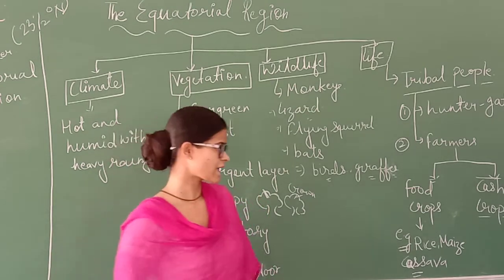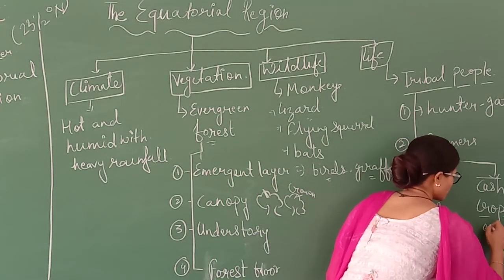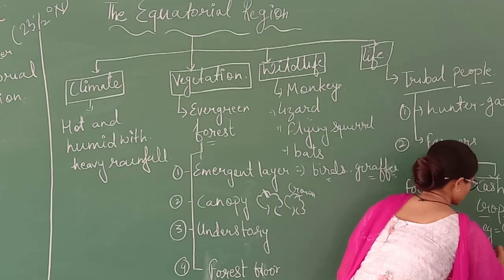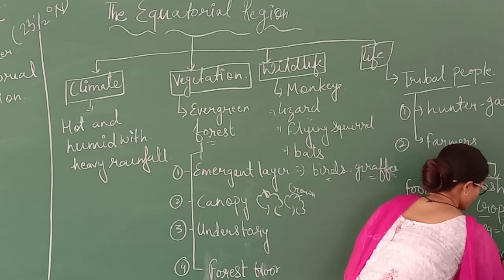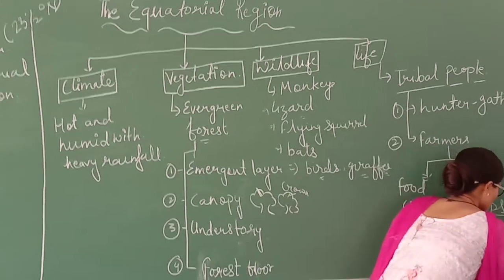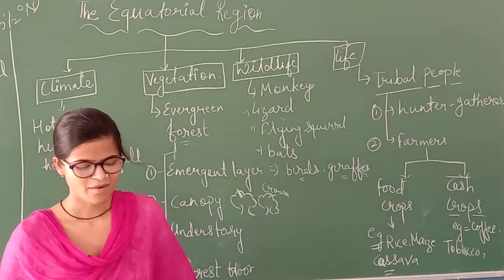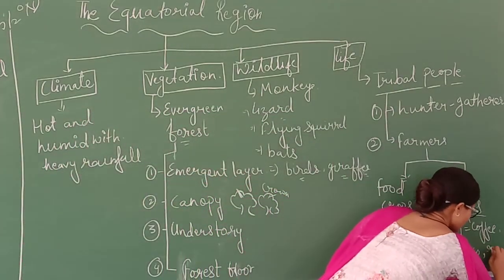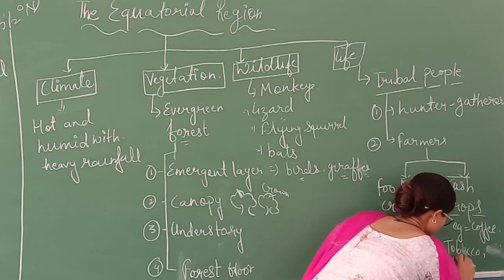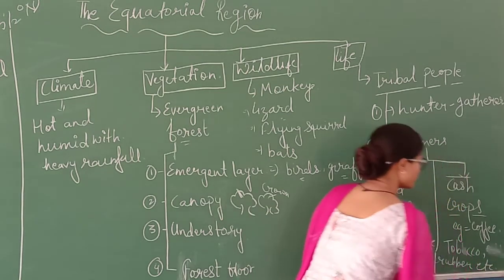So in cash crops you can write many things, like coffee, tobacco, tea leaves, and rubber, etc. and many more.